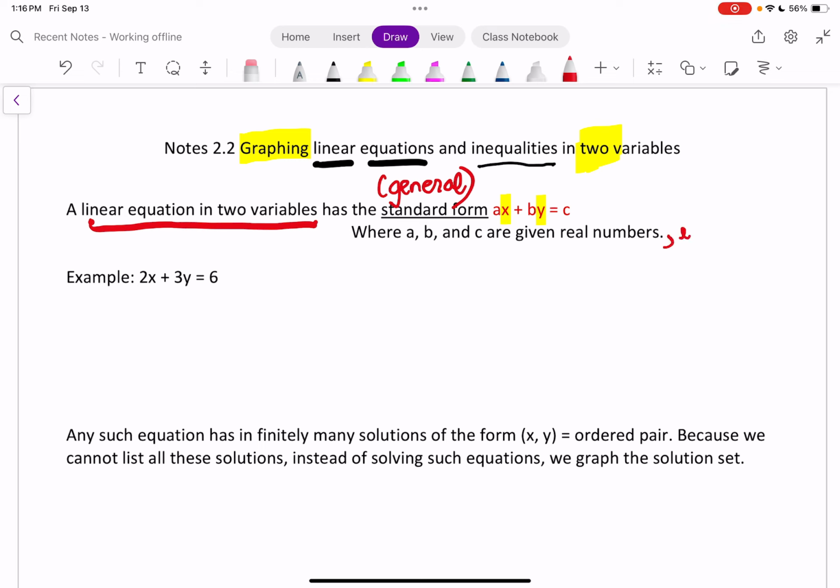So in other words, x and y are the variables, or the things that keep changing. So here, for example, some number times x plus some number times y equals some other number.